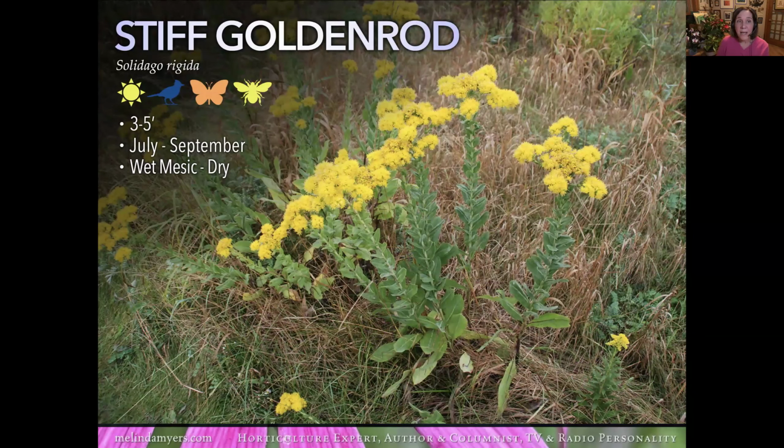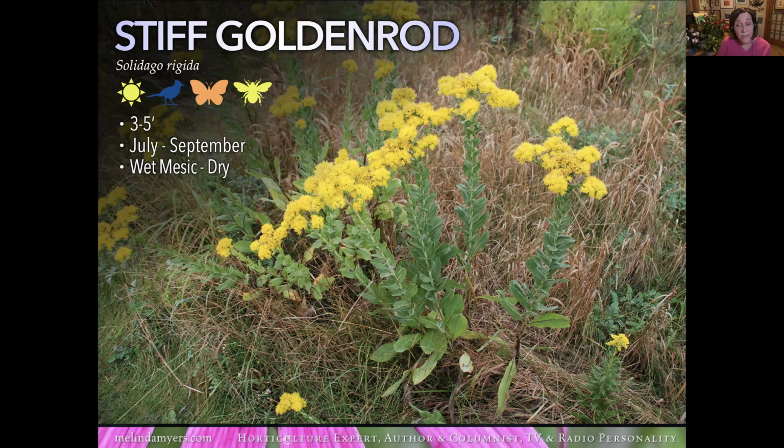Now, stiff goldenrod. Look at the beautiful foliage, the nice cluster of flowers, a mid to late summer into fall bloomer. Again, it's one of those plants, the goldenrods like the asters blooming late in the season, provide that needed nectar and pollen for bees and butterflies. And the birds love the seeds.